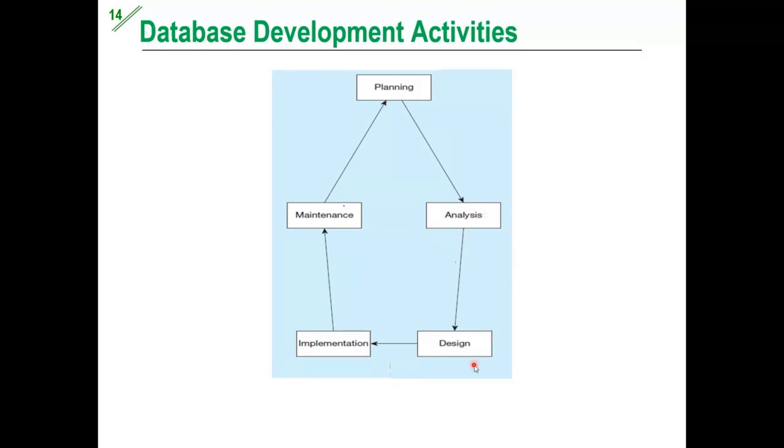And then it comes to the design stage, right? In the design stage is where we develop the more logical data model, which we call the logical model, and the physical model. We decide which technology we are going to use to implement the database.